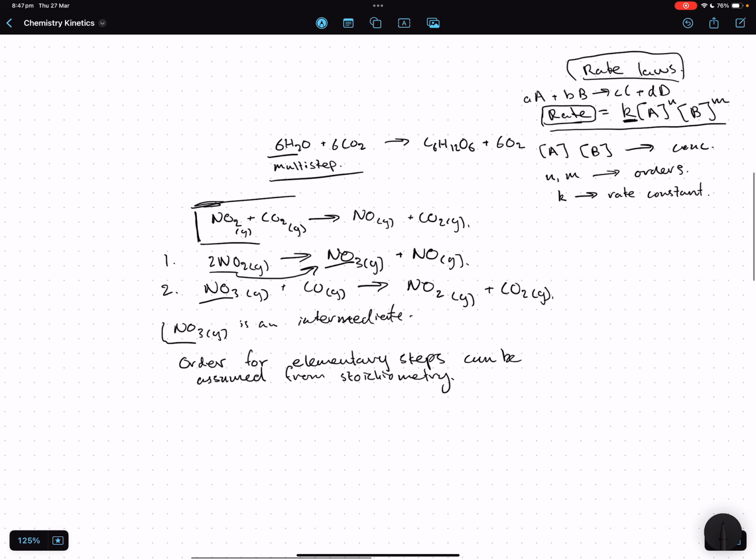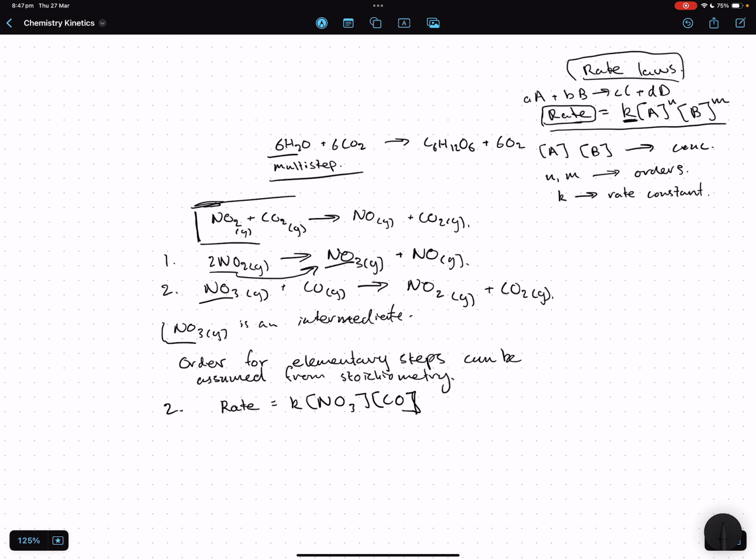So the rate of, let's say, reaction 2, let's work out the rate. The rate is equal to k, some random constant, times the concentration of NO3 and times the concentration of CO.